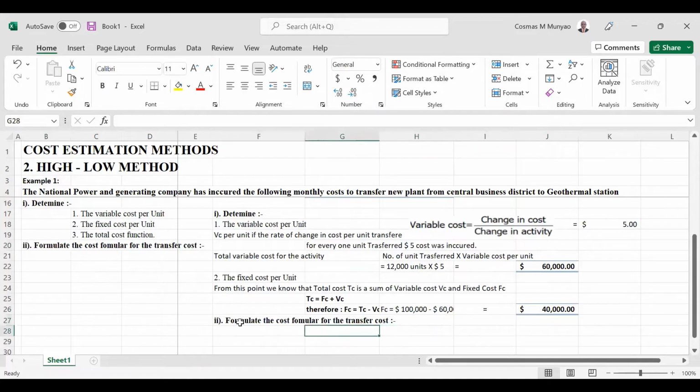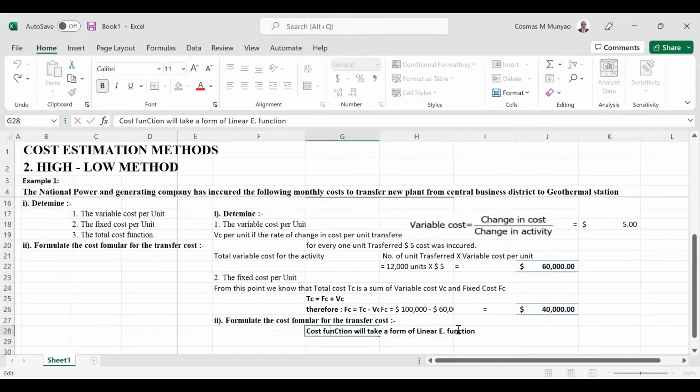We know a linear cost function will take the form of a linear equation function, y equals mx plus c.